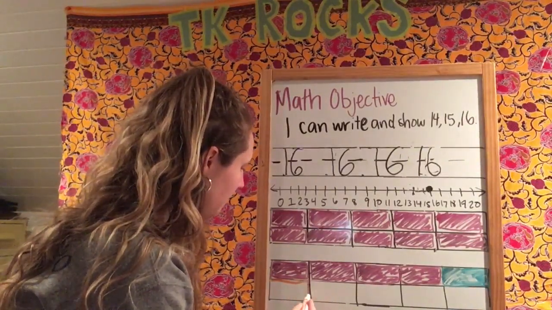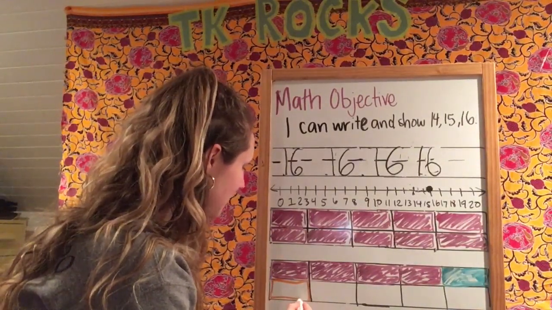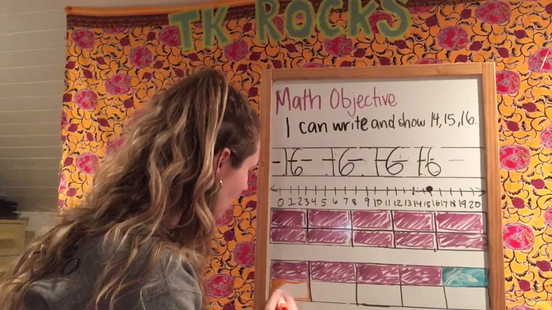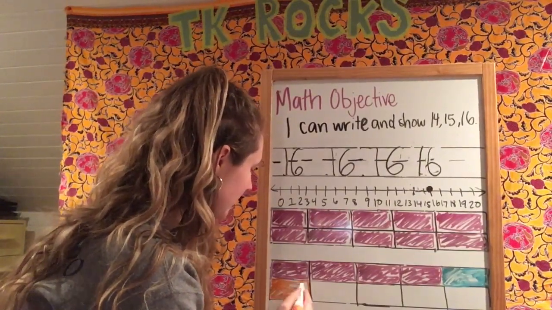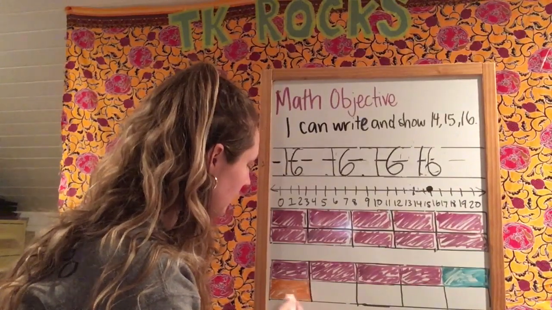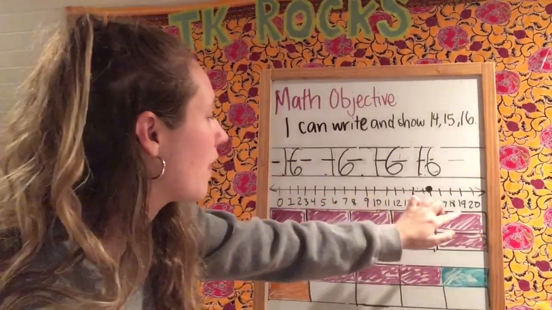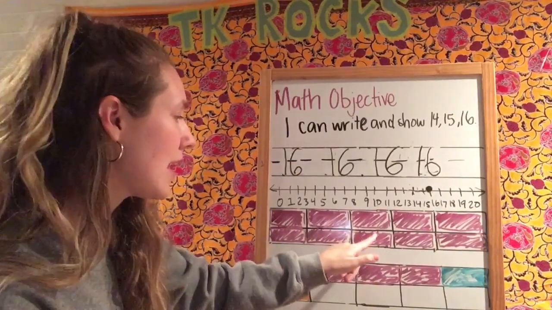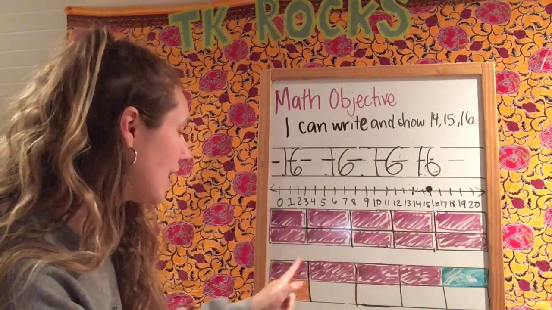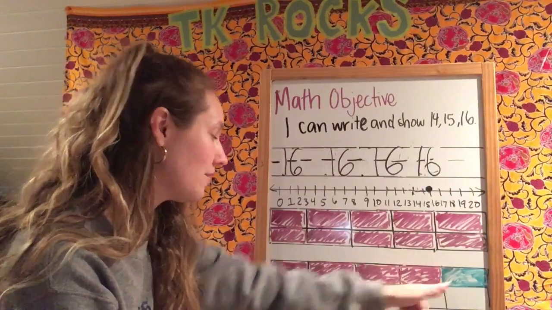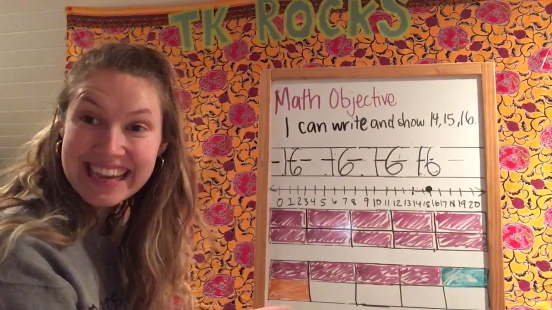So here I go, filling in my frames here. I'm doing 1 more and seeing if that will get us to 16. Let's count. 1, 2, 3, 4, 5, 6, 7, 8, 9, 10, 11, 12, 13, 14, 15, 16.